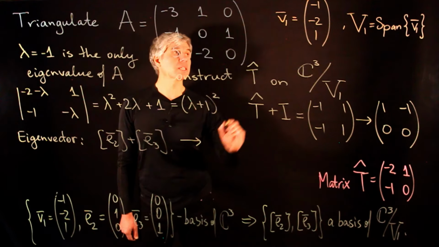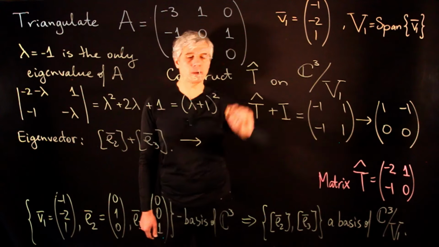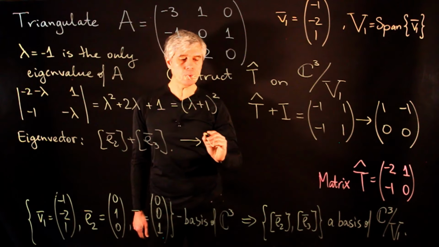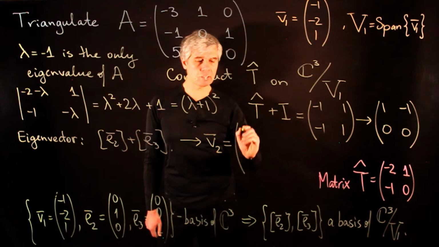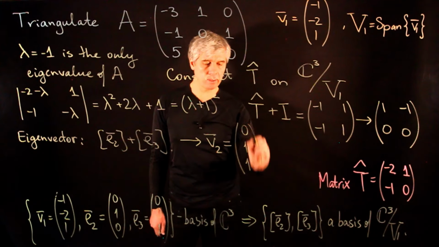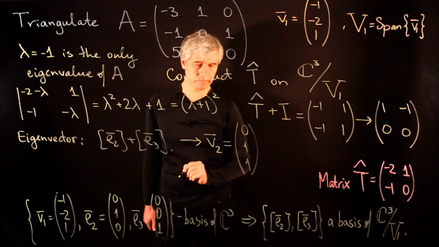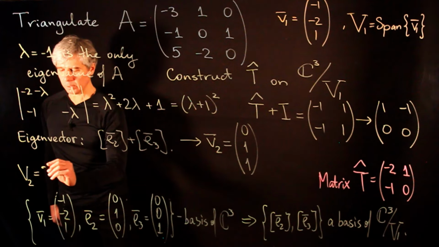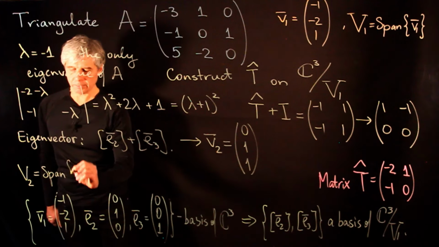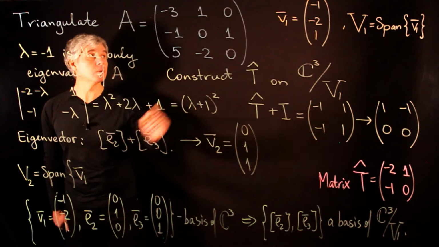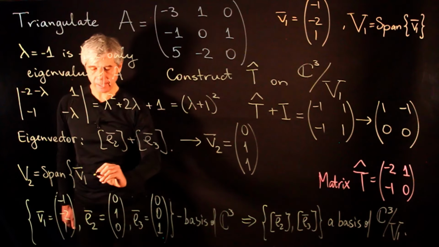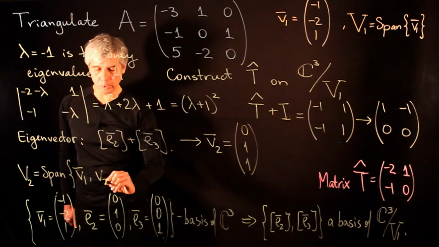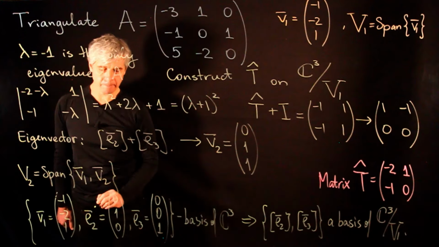This will give us the second basis vector upstairs. So as V2, we can take the vector 0, 1, 1, which corresponds to this class. And the second subspace in our flag will be the span of the two vectors V1, which is -1, -2, 1, and V2, which is 0, 1, 1.